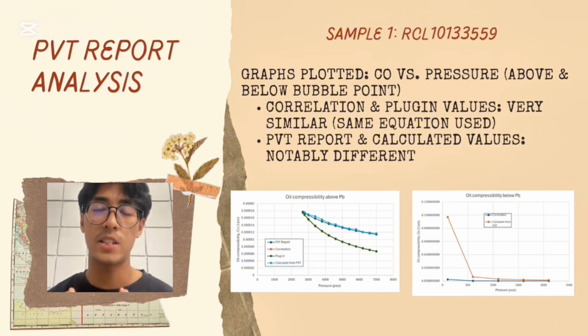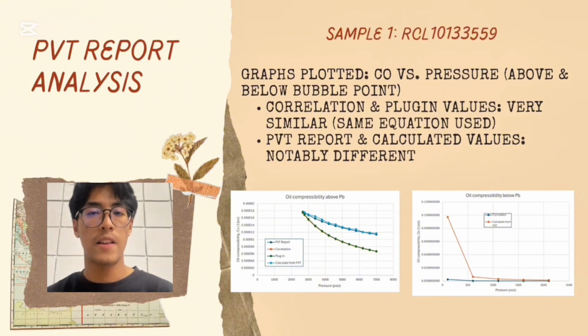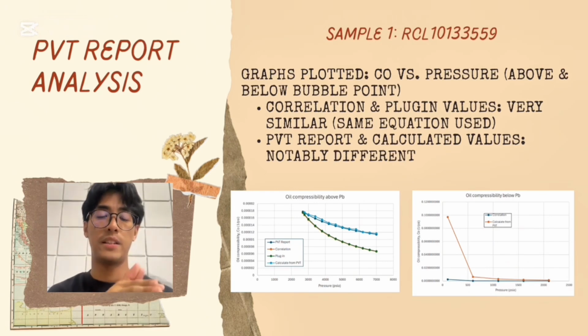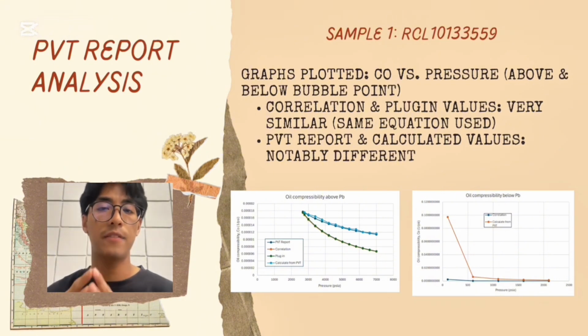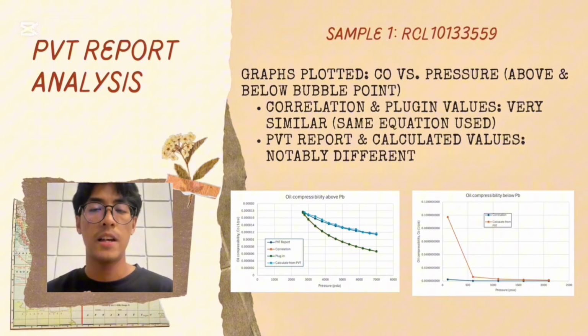This is mainly due to the fact that for the values we got from correlation, we use the Vasquez and Beggs equation, which is also the same equation that is used in the plug-in. That is why the graph will be similar. As for the values we got from the PVT calculated and from the PVT report analysis, they are quite different from the values that we got from correlations and plug-ins.